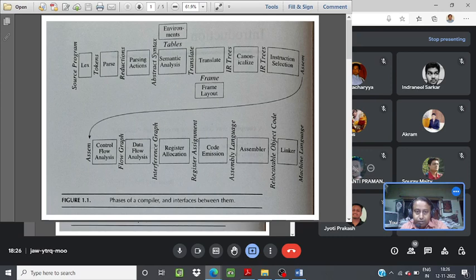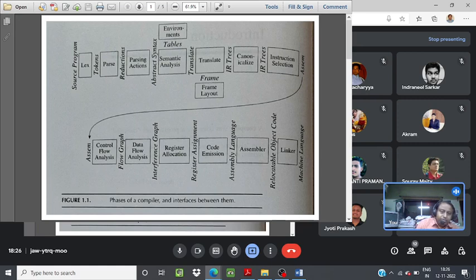Sir, may I ask a question? Yes, please. These terms seem very similar to the terms I have studied in NLP, Natural Language Processing. Is it somehow related? Some terms you will be able to relate if you study microprocessors, because they also have machine language and instruction sets, or computer architecture.